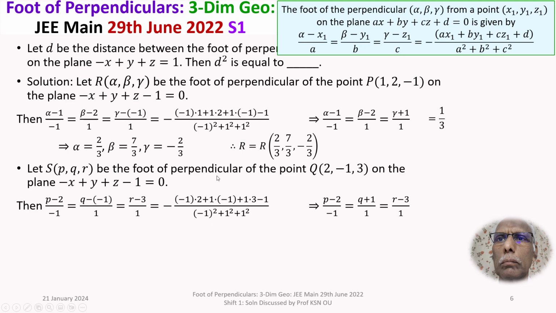When you simplify this, again you will get 1 by 3 here.